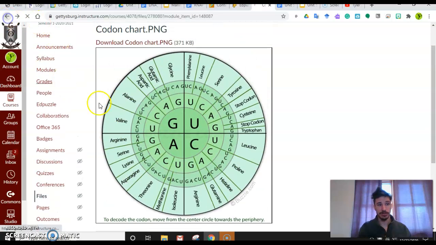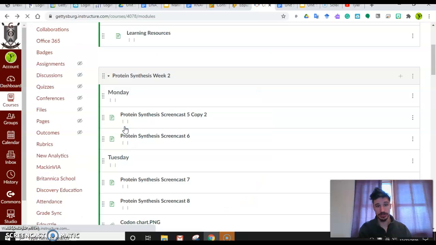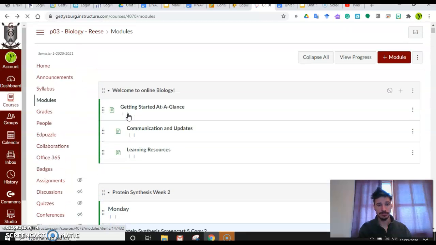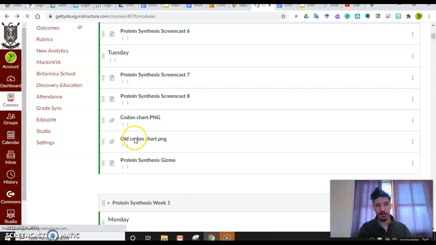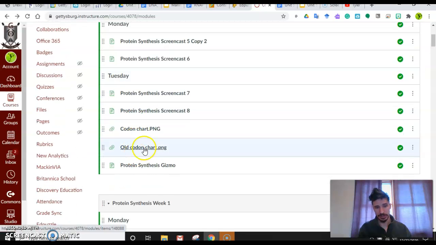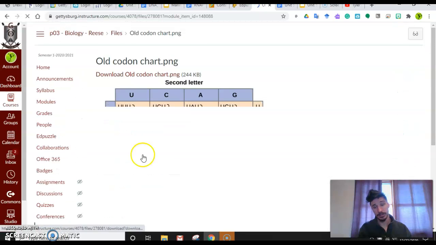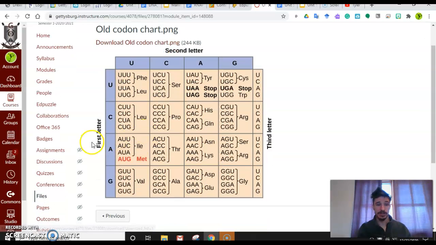And then I also have for you the old codon chart. The old codon chart is not as user-friendly looking, but could also show up on the Keystone. Your first letter is on the left, second letter across the top, and third letter down the right.